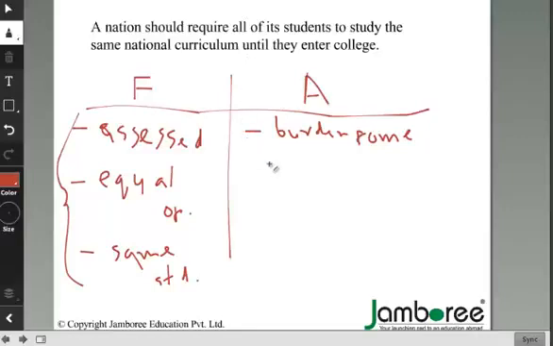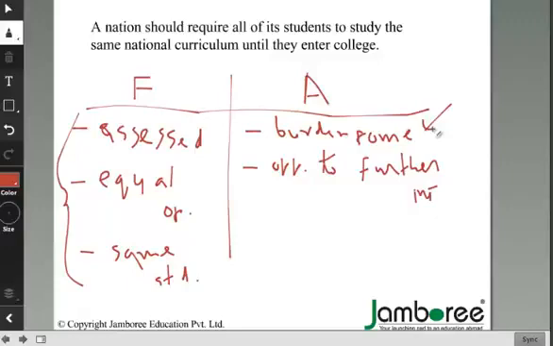Krishna is saying that students will not get the opportunity to explore and further their interest. Then Anamika's point is that forcing people to study something they are not interested in is equivalent to burdensome.